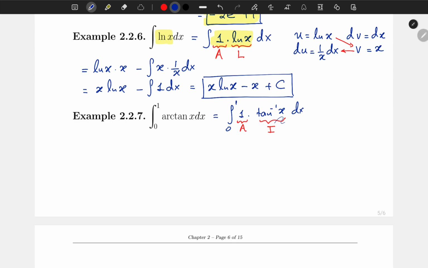LIATE, so I comes first. Therefore, I'm going to choose u to be inverse tan x, dv to be dx. The derivative of inverse tan is 1 over 1 plus x squared dx. Integral of dx is just x.